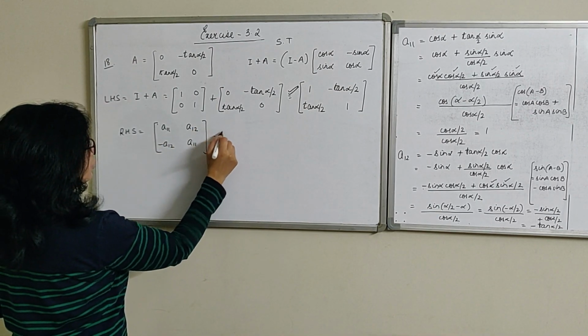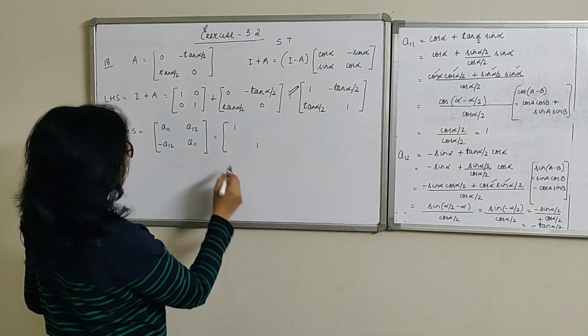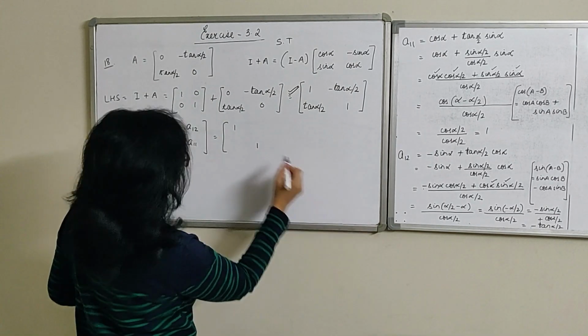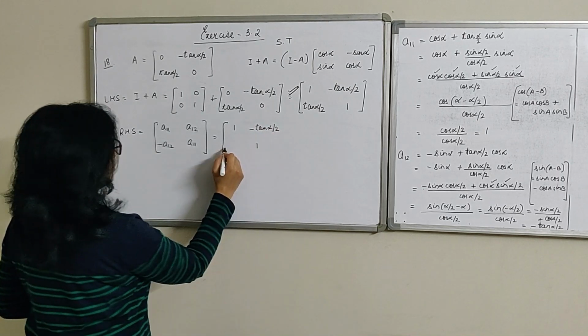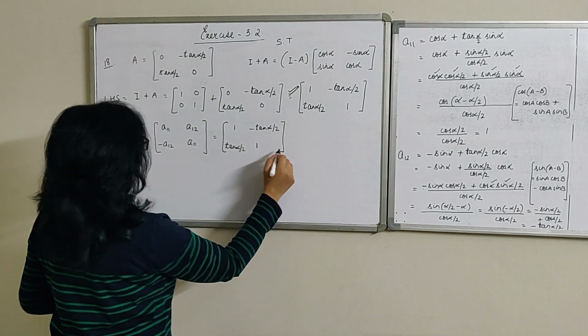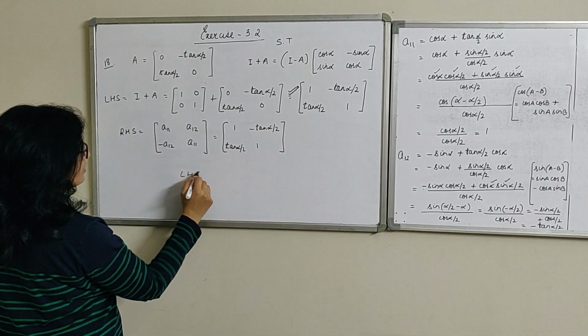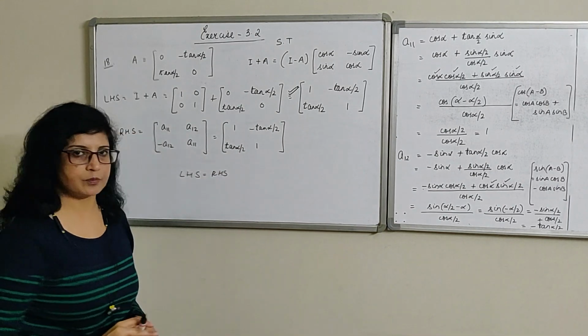So if we substitute the elements here, A11 is 1 diagonal elements. This element A12 we have found is minus tan alpha by 2. This is negative of that element, so it is tan alpha by 2. And on comparison, we can see left hand side is equal to the right hand side.